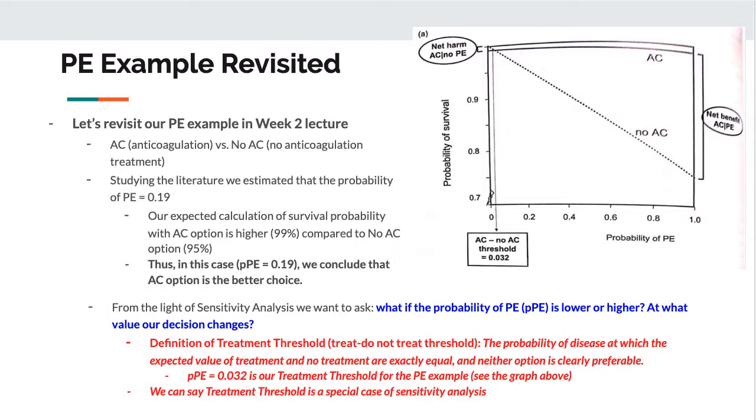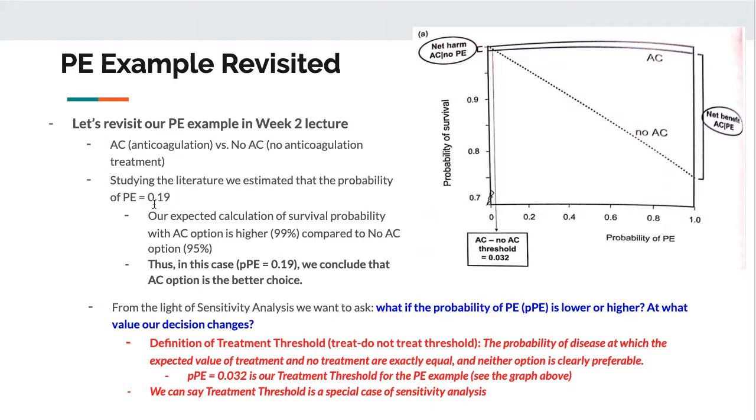Alright, before going into detail on the technique to perform sensitivity analysis, let's revisit one of the examples we had before, the PE example. In the PE example, we consider two options for treating a suspected PE patient. The first one is AC, anticoagulation, versus the other option, no AC or no anticoagulation treatment. By studying the literature, we were able to estimate the probability of PE.